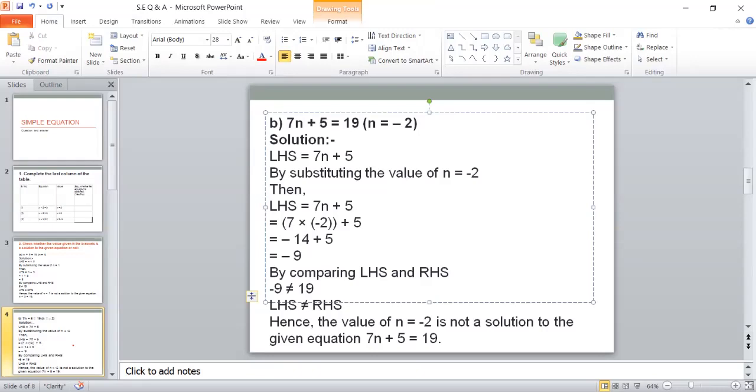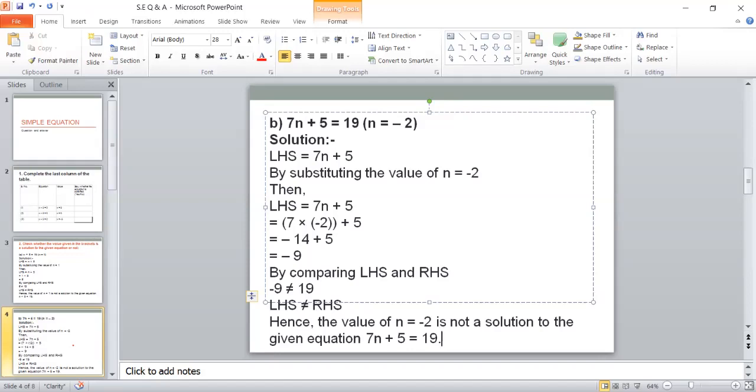The LHS side came minus 9, whereas the RHS side is given as 19. Hence minus 9 is not equal to 19, and LHS is not equal to RHS. Hence, for the value n is equal to minus 2, the equation is not satisfied. Or you can say the value n is equal to minus 2 is not a solution to the given equation.